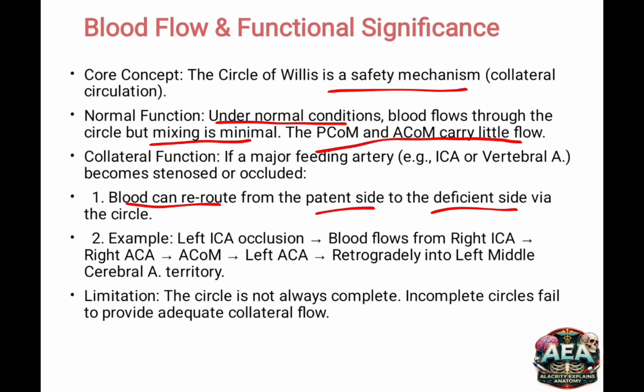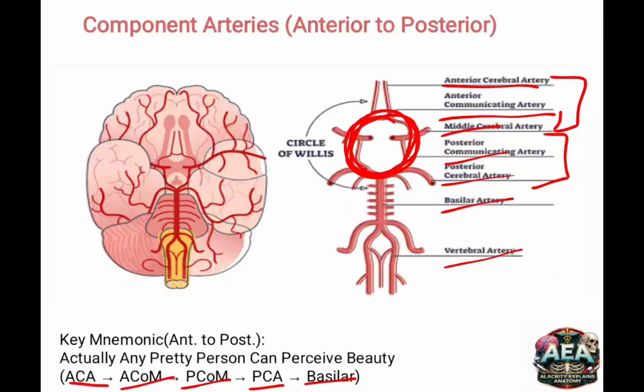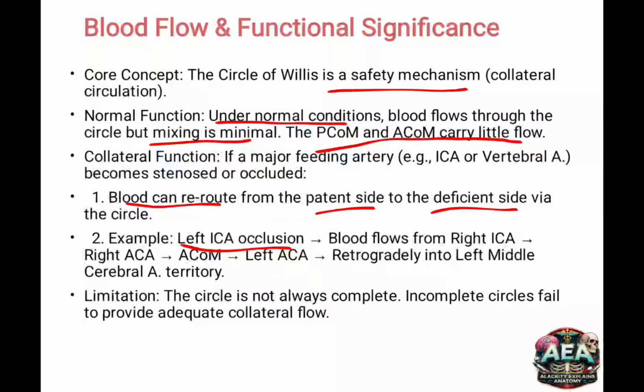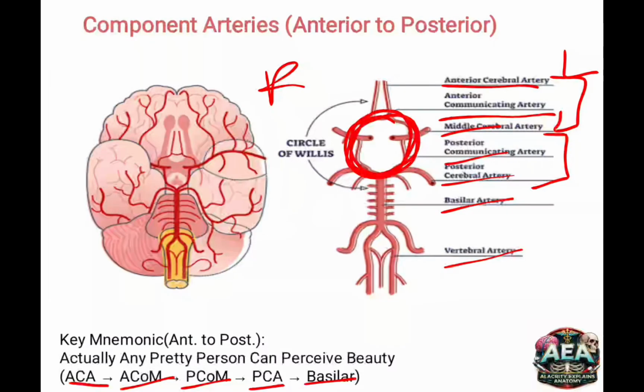So for example, if there's a left internal carotid artery occlusion, look at this. You have this is your right and this is your left side, and there's an occlusion of the internal carotid artery on the left.